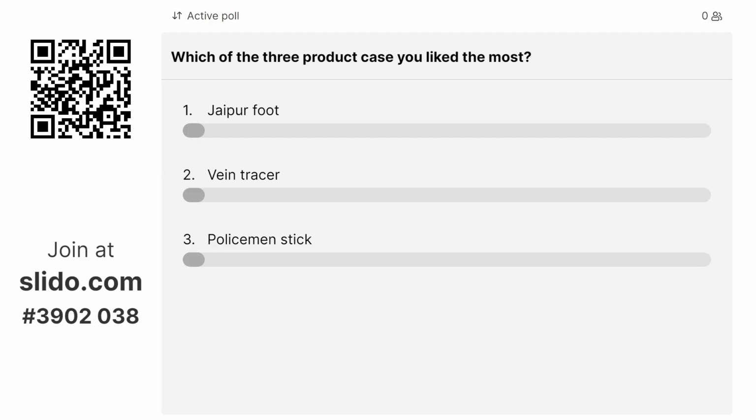All right. So I've got one more quick poll. Which of the three product cases do you like the most? In the week 1 content, we saw three products being discussed. One was the Jaipur foot, one was the vein tracer, and the third one was the policeman stick. I want you to vote which of the three cases you like the most. Again, the website is the same.